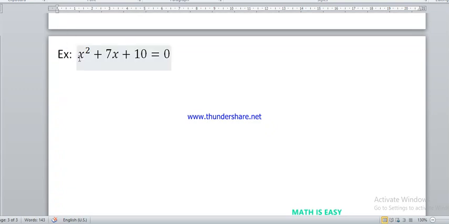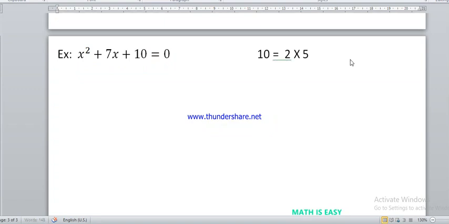So here x square coefficient is 1 into 10. So that means you have to factorize 10, two factors, where the sum of the two factors is going to be 7. So factors of 10 is 2 multiplied by 5. 2 into 5 is 10 and 2 plus 5 is 7.